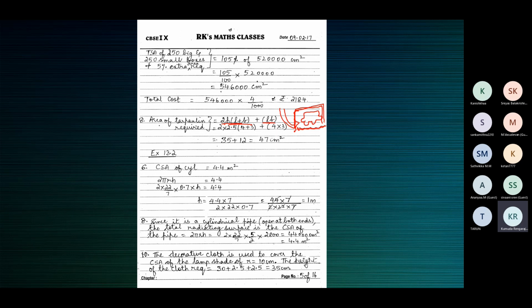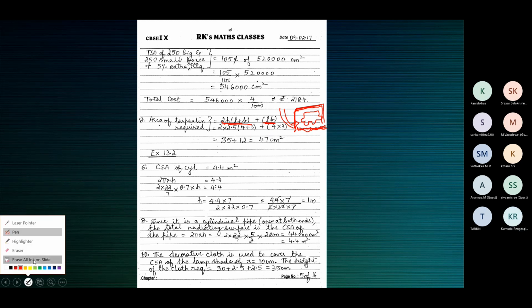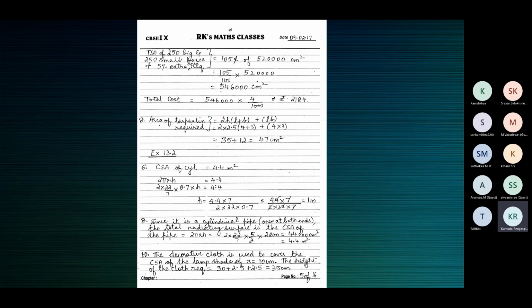The tarpaulin is not needed on the floor, only for the 4 walls of the box and the top. So it is the curved surface area 2h(L + B) plus the area of the top LB. Here is where we could go wrong: this is 2h into L plus B. That last number is h.